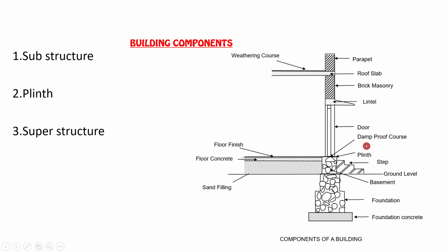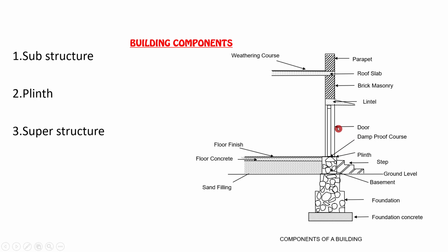Moving forward, the damp proof course is provided. Normally we provide the damp proof course only below the wall area. That means this is a wall, and here a door is provided. The damp proof course is provided through the entire width of this plinth to prevent the penetration of dampness into the main building.